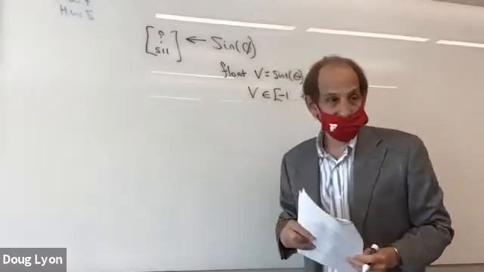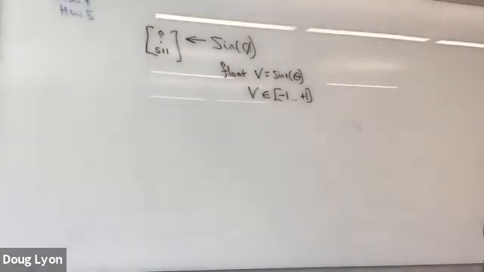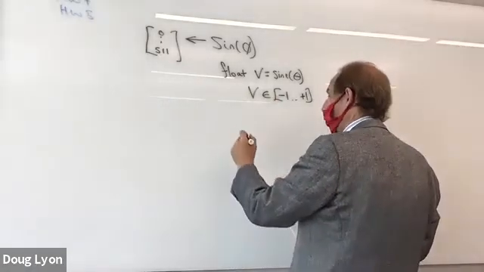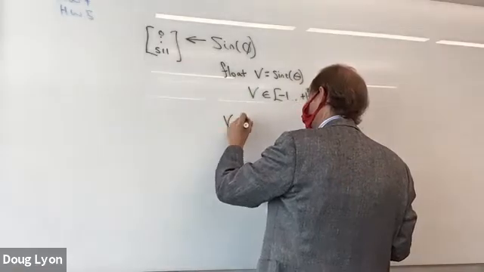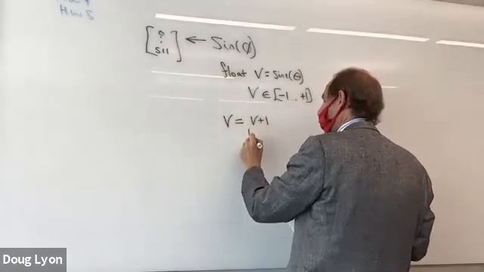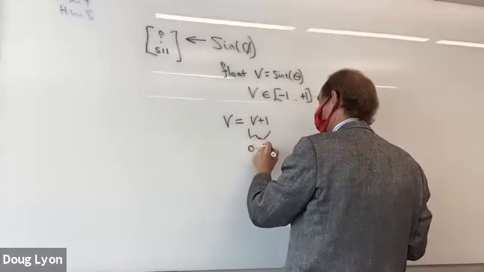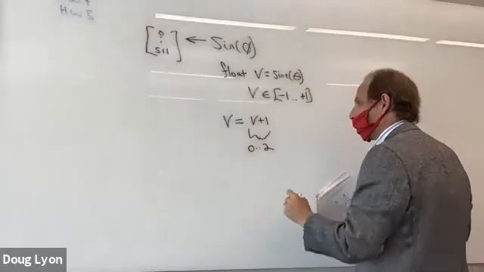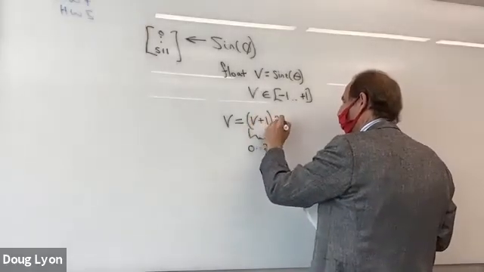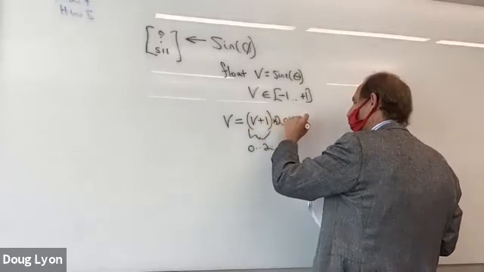And what I want to do is scale for my DAC a number that goes from 0 to 4096. So I say V equals V plus 1. Now I've got something that ranges from 0 to 2. Then I take that quantity and multiply it by 2047.